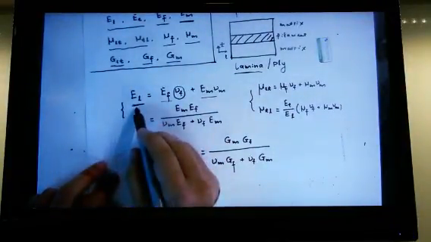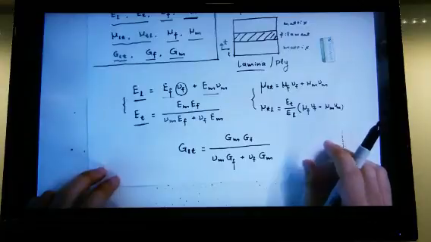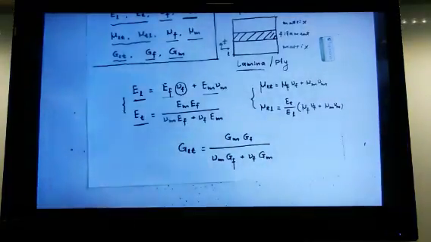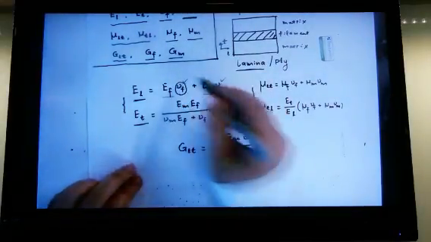This is a modulus that you can calculate along longitudinal direction. This is a modulus of the composites along transverse direction. It is a function of volume fractions. That means if you change the volume fraction of the material systems, you are changing the modulus of the whole composite system. Right?